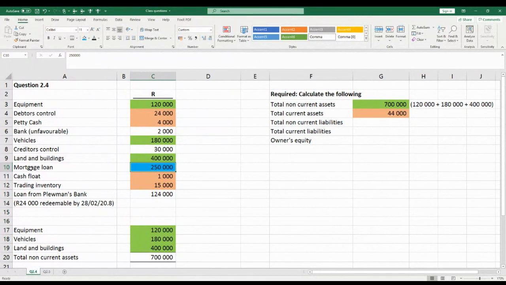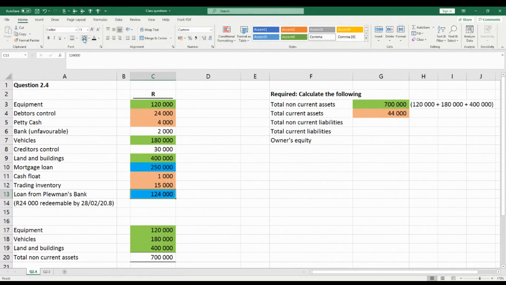Okay, so then Nomatwema says loan from Plus Man's Bank. Is there anything in this question that indicates that a component of this loan is supposed to be current and non-current? We've been told that only 100,000 should be non-current.